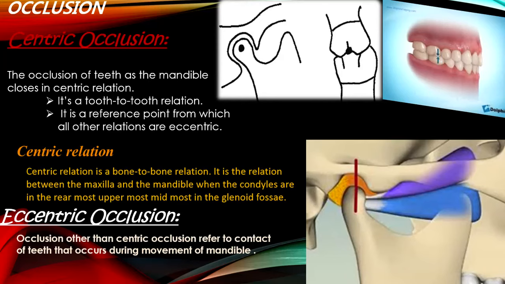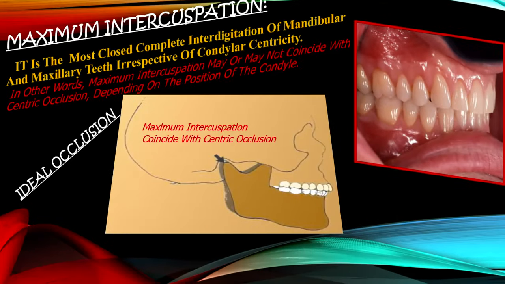Eccentric occlusion, other than centric occlusion, refers to contact of teeth that occurs during movement of the mandible. Maximum intercuspation is the most complete integration of mandibular and maxillary teeth irrespective of condyle centricity.